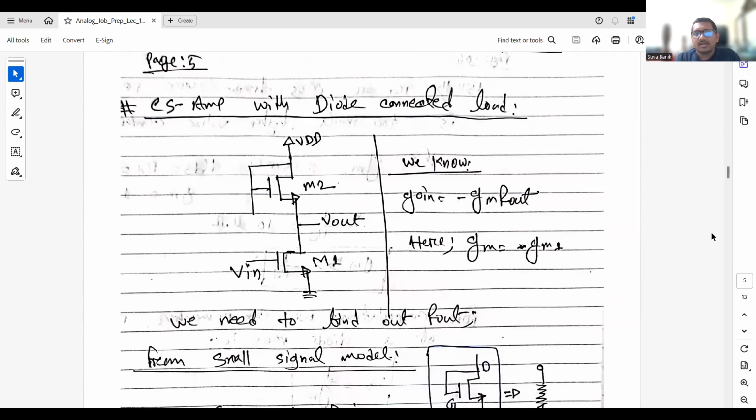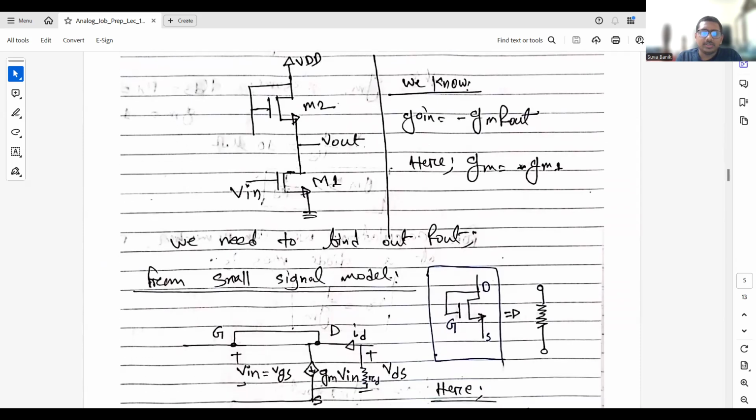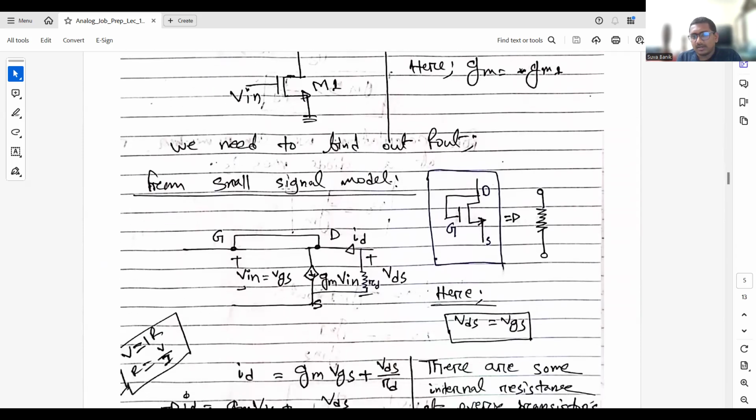Here there is no RD; there is an M2, which is diode connected, meaning gate and drain terminals are connected. So we need to find out the gain. Let's do a small signal analysis for this diode connected load. From the small signal model, it looks like this.